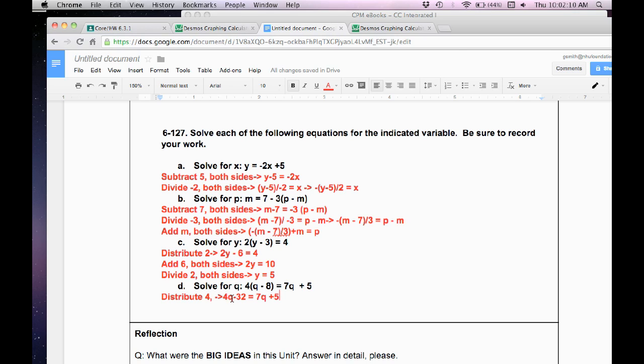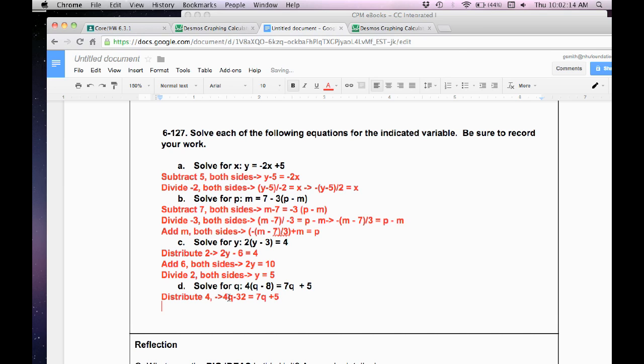Okay, so we got Q on both sides. I'm going to subtract 4Q from both sides. Why? Because I want to get all the Q's on one side. So subtract 4Q from both sides because it's the smaller version, right? And that's going to leave me negative 32 is equal to 7Q minus 4Q is 3Q plus 5.